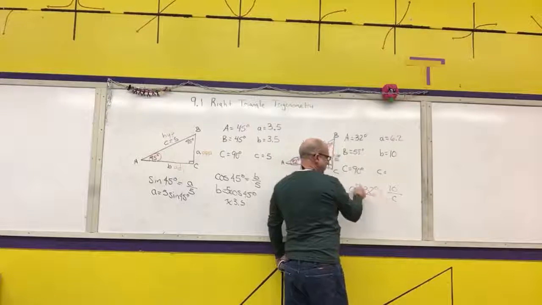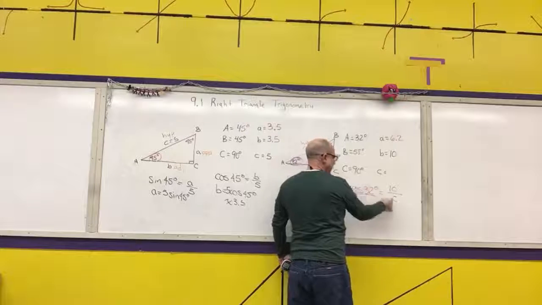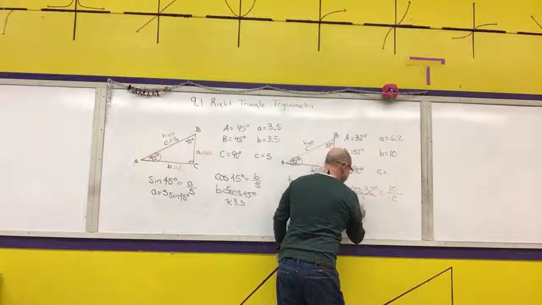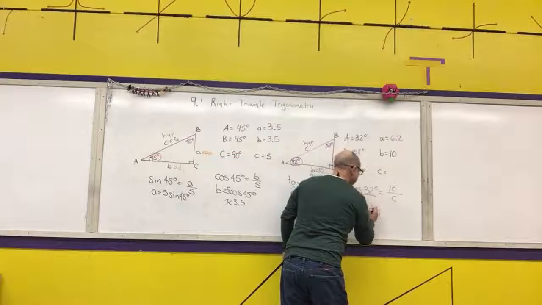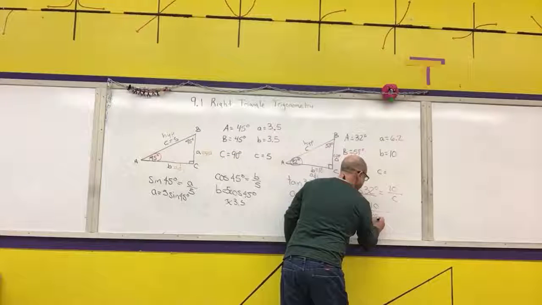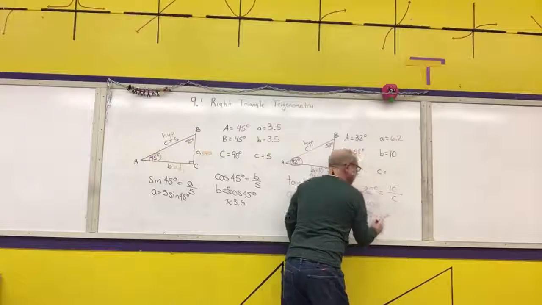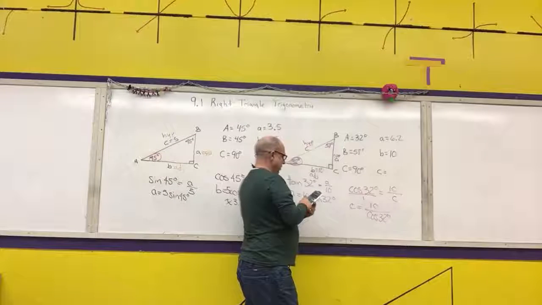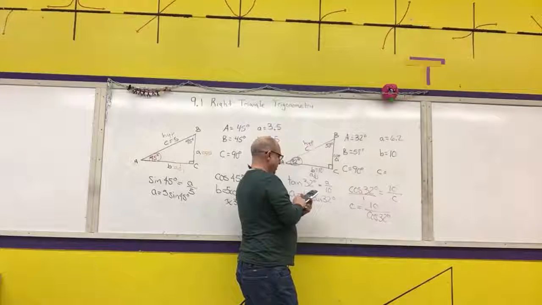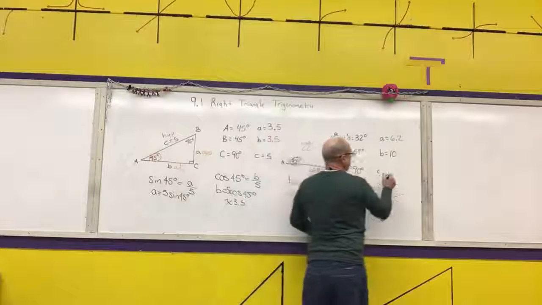I'm going to swap the extremes of my proportion and rewrite it as C is equal to 10 over the cosine of 32 degrees. So using my calculator, 10 over the cosine of 32, and I get 11.8.